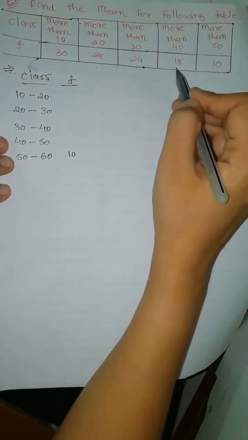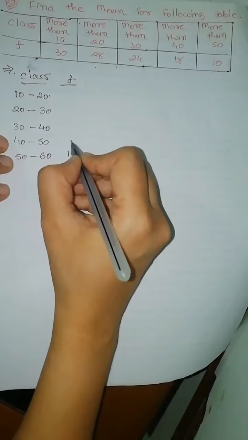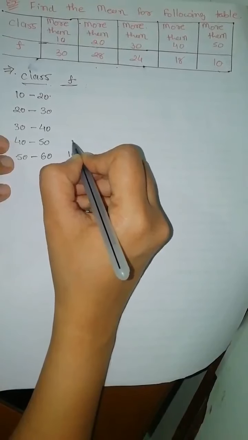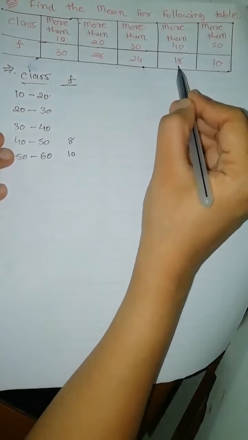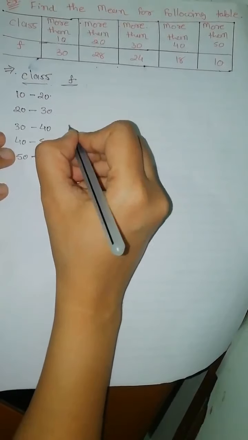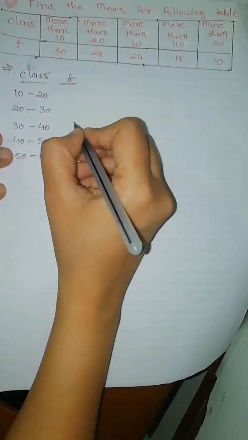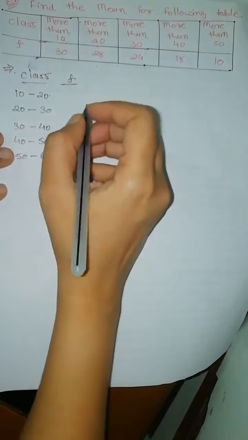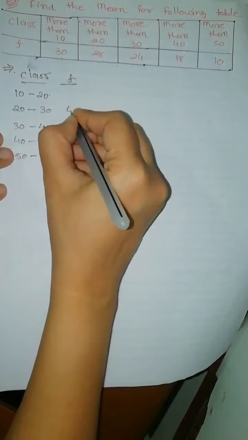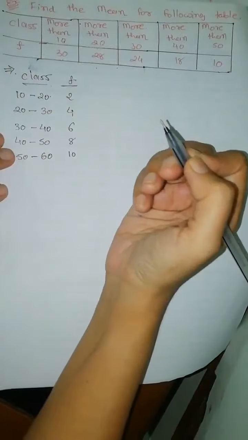The previous value is 18, so 18 minus 10, the difference is 8. 24 minus 18, the difference is 6. 28 minus 24, the difference is 4, and 30 minus 28, the difference is 2.